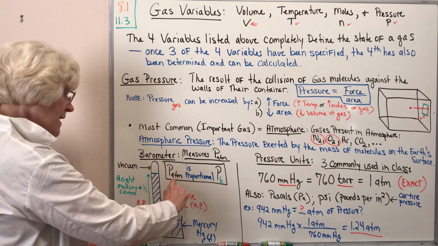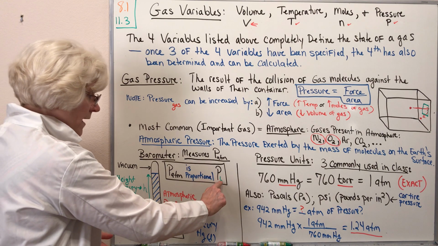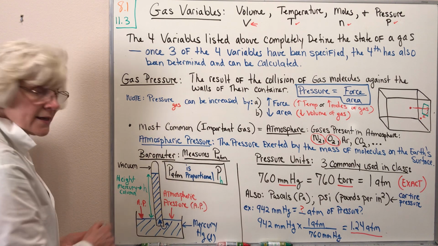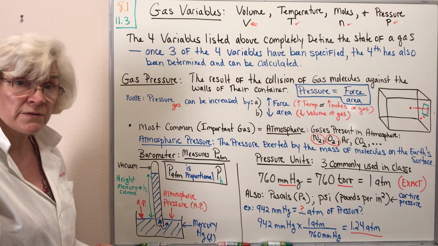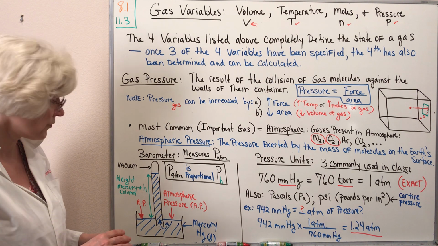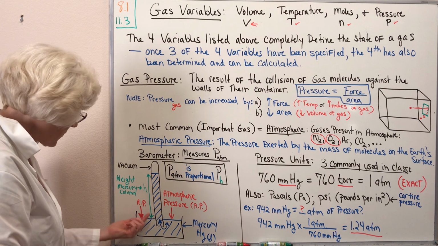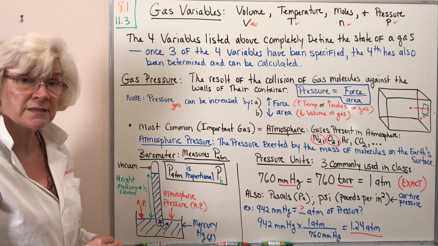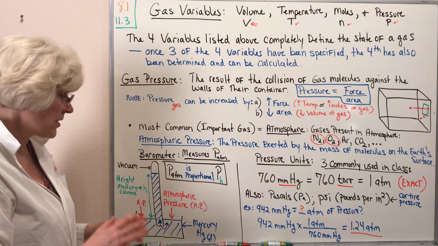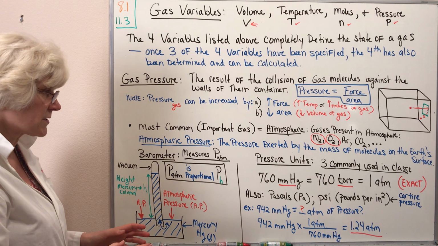So we can say here that the pressure exerted by the atmosphere is directly proportional to the height of the mercury column, and in fact, that's one of the units used to measure pressure, millimeters of mercury. In other words, what is the height of this column expressed in millimeter units? So that is how a barometer works.